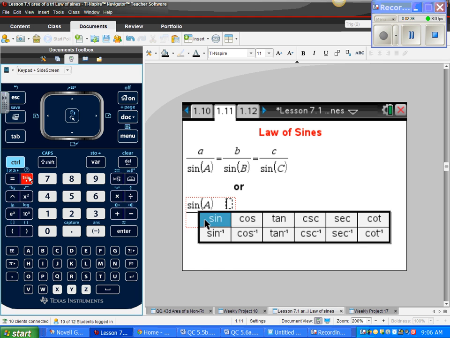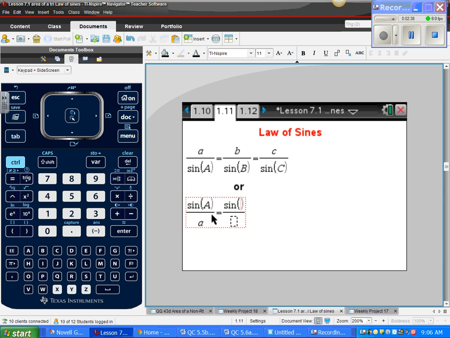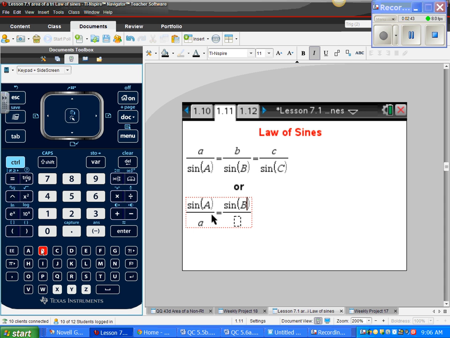Sure, if I put all the sines on top, that's fine, right? Isn't it the same thing? Okay, we can do that then. So it doesn't matter which way you choose to orient it, it's going to be the same. Just as long as both of your angles are on top and both your sides are on the bottom, or vice versa. You can't have sine A over a equals b over sine B. It has to be the same. Are you guys okay with that?